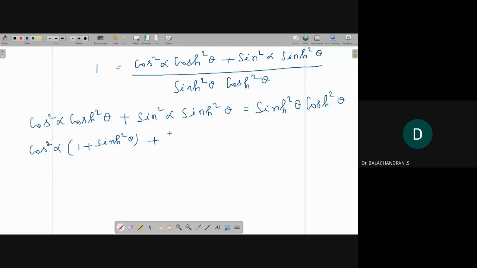So 1 minus cos square alpha. What about sinh square theta? I should keep. What about again cosh square theta? I will write 1 plus sinh square theta.